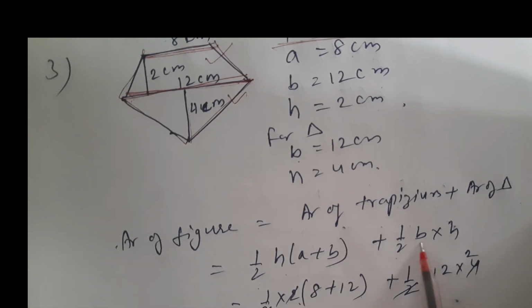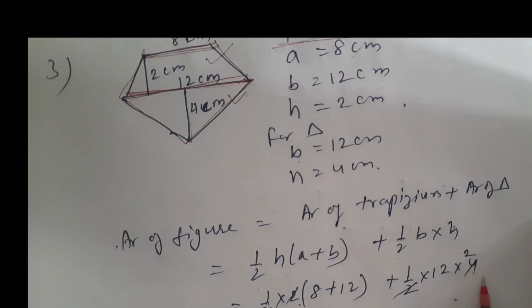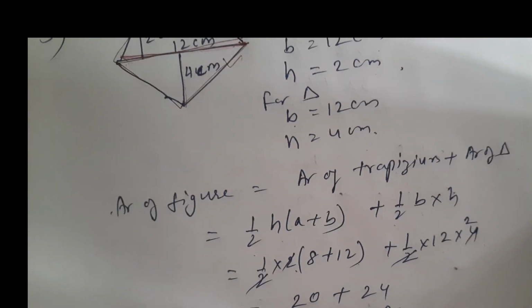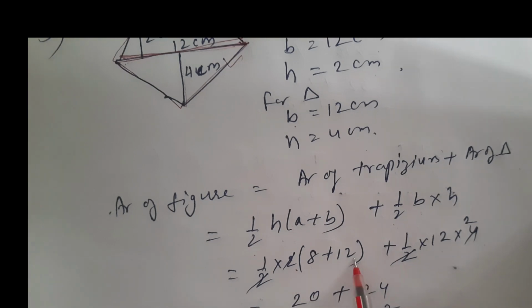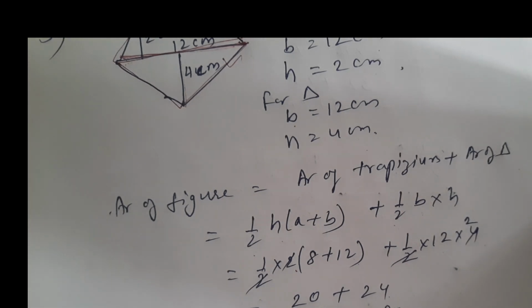For the triangle also, the base is 12 and the height is 4. Replace all the values, cancel 2. Now 8 plus 12 is 20. Here after cancellation, 2 2s are 4, 12 2s are 24. So we add these two answers finally to get the final answer, which is 44 centimeter square. Thus the area of the figure is 44 centimeter square.